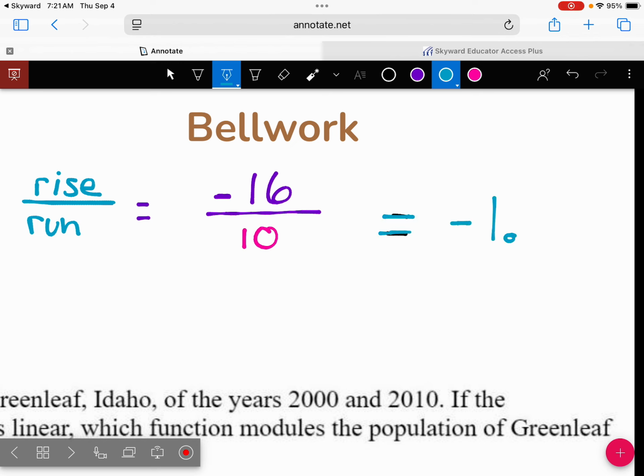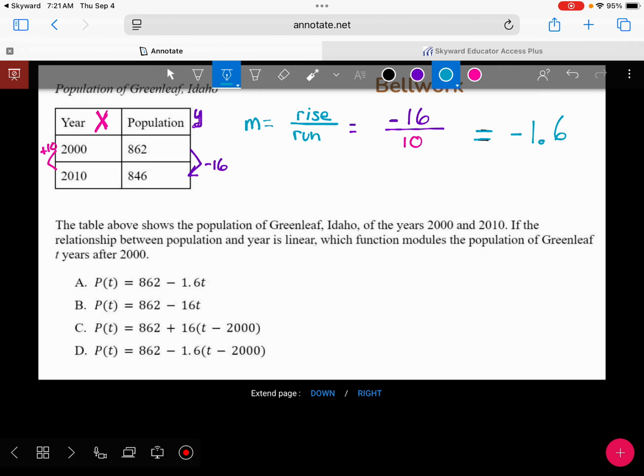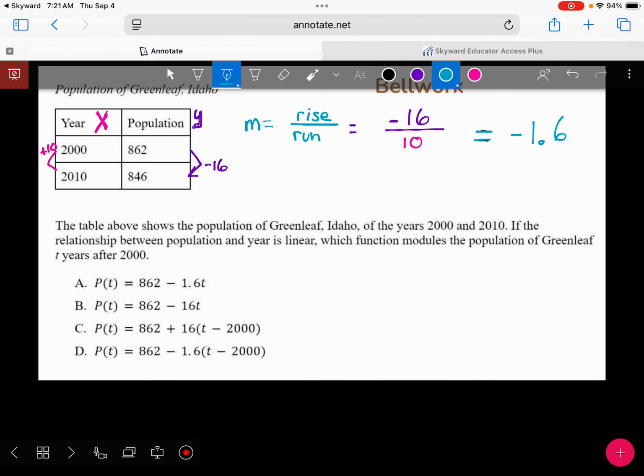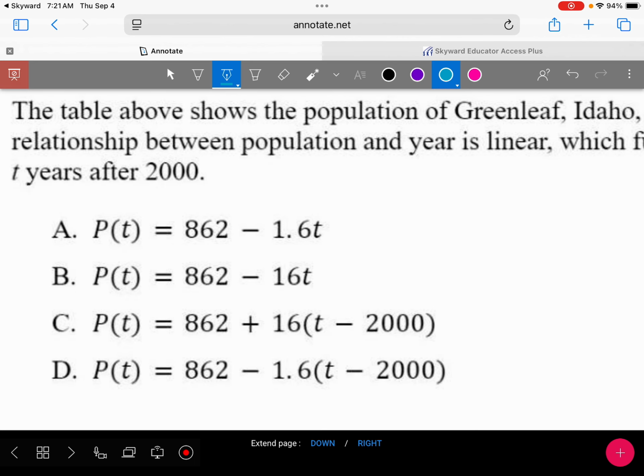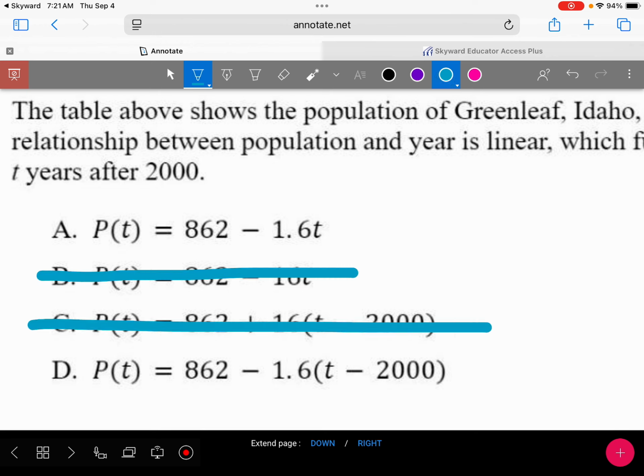Negative 1.6. So if we look at our equation options down here, I have 2 I can instantly rule out. Which one of these are definitely not our equation? B and C. They both had a slope of 16.